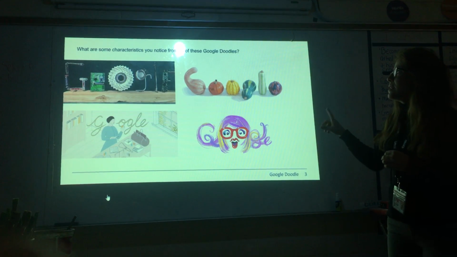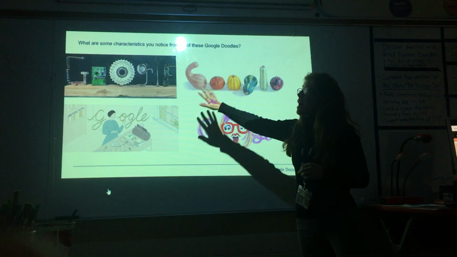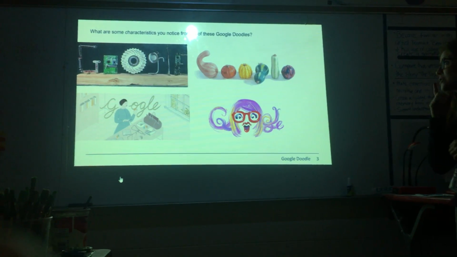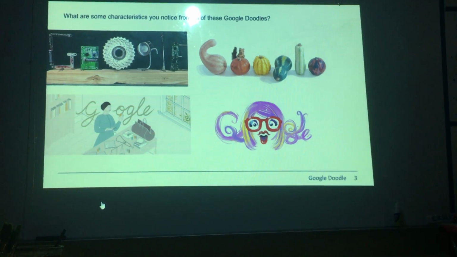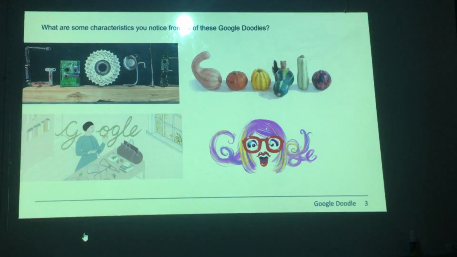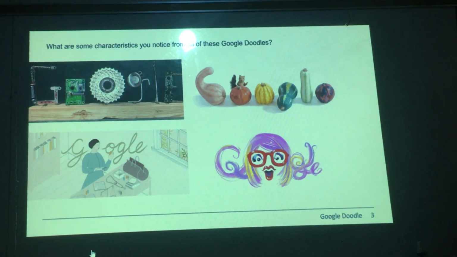On this slide, I put an arrangement of different doodles that have been on the website previously during certain days. Out of these, what are some characteristics that you notice that are the same? The O is usually different. Interesting. Yes, we're going to talk about some things.